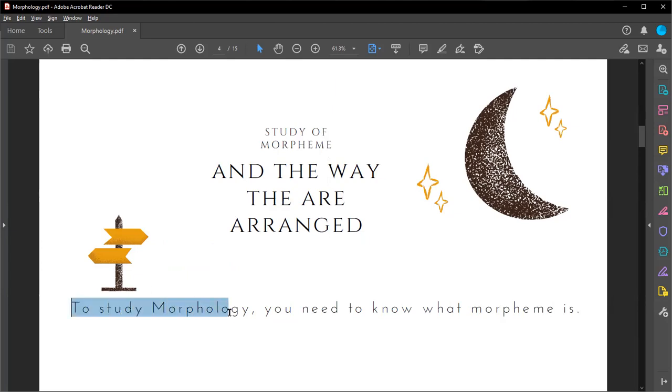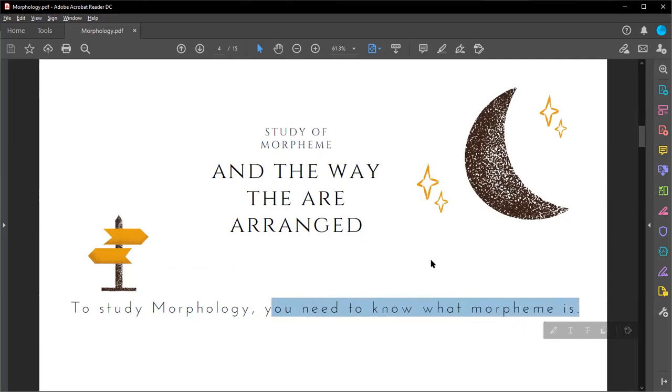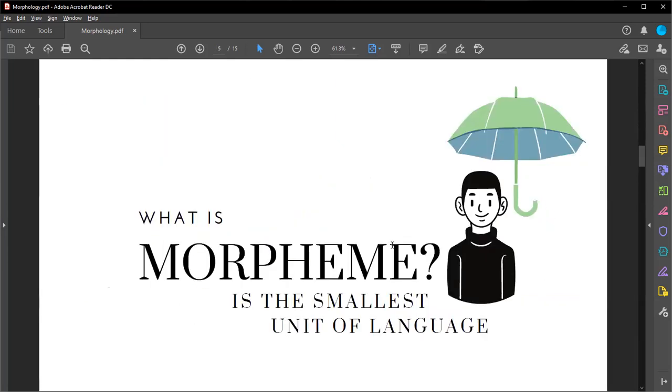To study morphology, you need to know what a morpheme is. So everyone, what is a morpheme? We don't know. So let's start here. A morpheme is the smallest unit of language, just like the phoneme is the smallest unit of sound.